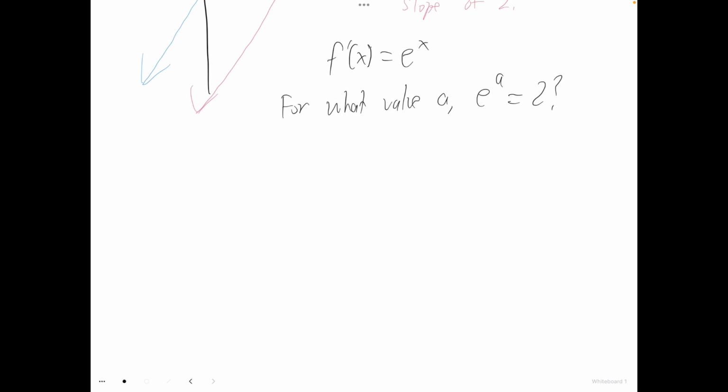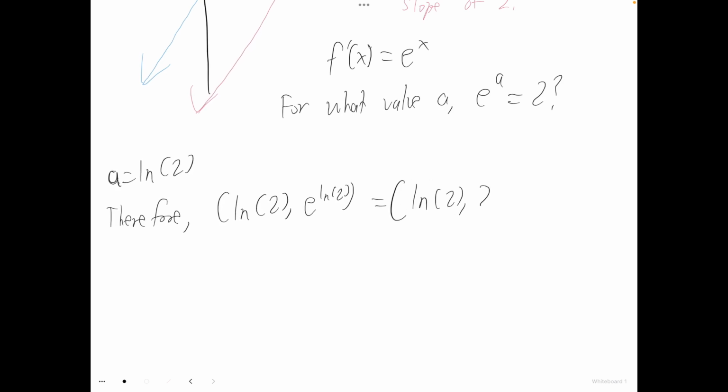By definition of natural log, that is when a equals ln of 2. ln of 2 is defined to be the number you need to raise e to in order to get 2. So a is ln of 2, and therefore our point is ln of 2, and then e to the ln of 2, because that's the point on the graph. So it's ln of 2, comma 2, because e to the ln of 2 is the number 2.